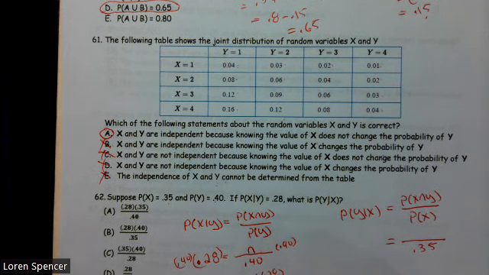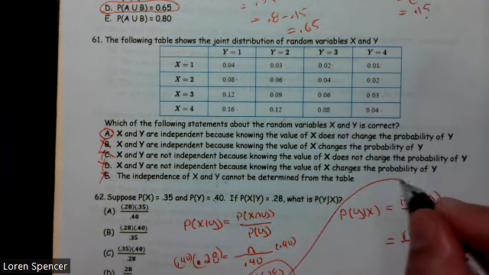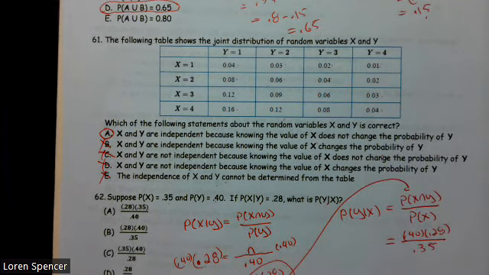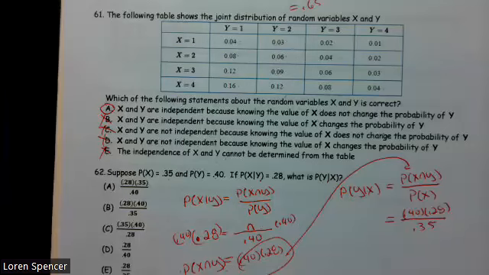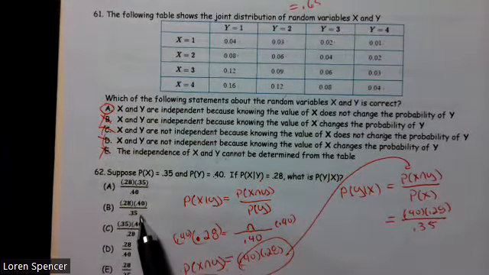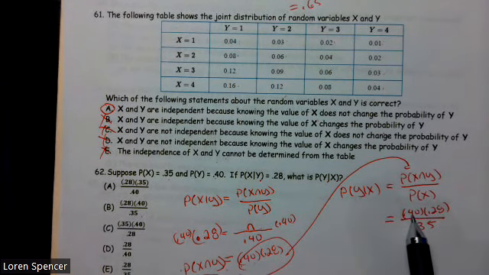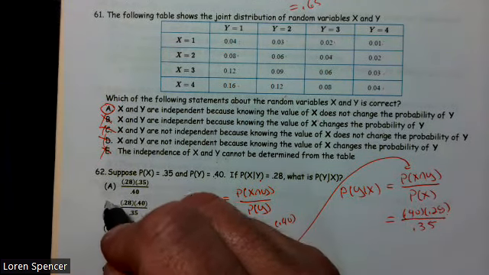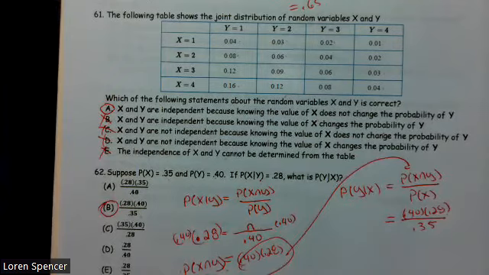And we just said the probability of x and y is 0.40 times 0.28. So I just substituted this right there. And when I look for my answer, I'm looking for 35 in the denominator and 0.4 and 0.28 in the numerator. That answer is B.